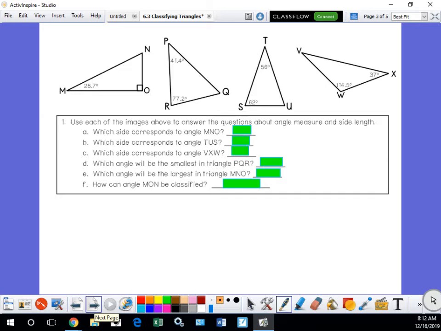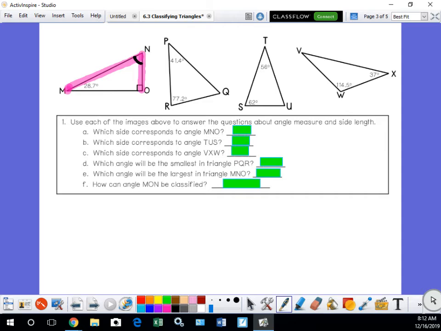All right, for this section, we're going to use these pictures up above to help us answer these questions. A says, which side corresponds to angle MNO? So let's find angle MNO. You start at M, you go into N, and go out to O. And the angle that that's talking about is the one right here at the center of that.